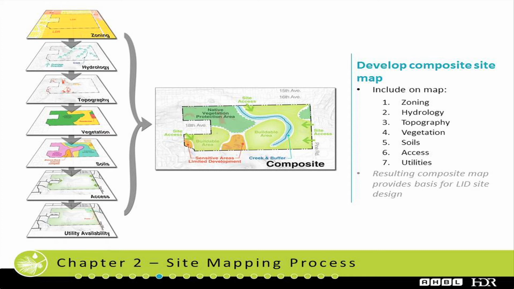I apologize, this is an oversimplification of the concept, but basically that's what we're talking about when we talk about this composite site map. You're going to be doing some of this in the exercise this afternoon.